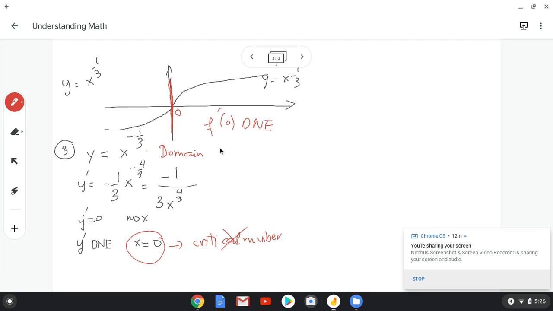The domain of this function is all values of x such that x is different from 0. Because we have f(x) equal to 1 over x to the 1/3, that means x is different from 0. So you see x equal to 0 here is not a critical number, because it's not in the domain of f.